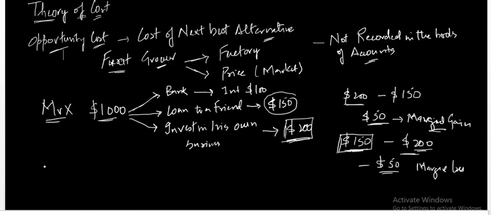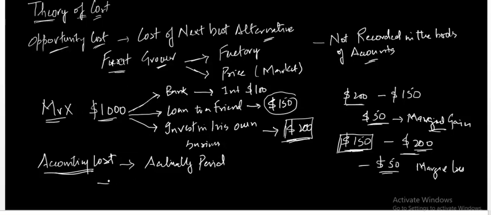Now the second concept that we are going to talk about is the accounting cost. Accounting cost means whatever a firm or any business house actually pays out of its own pockets.